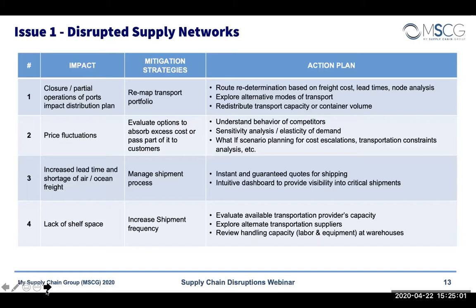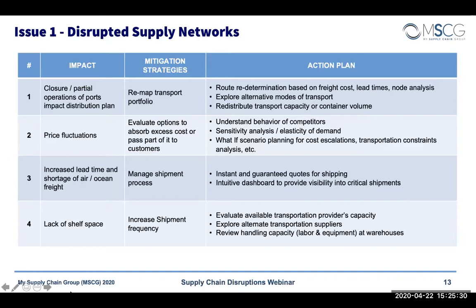Those likely will change, and so being able to reevaluate the future product mix and requirements when the demand of your products change drastically during one of these disruptions is another thing that can help you focus on the critical products and any lead time adjustments that are having to be put in place because of that.